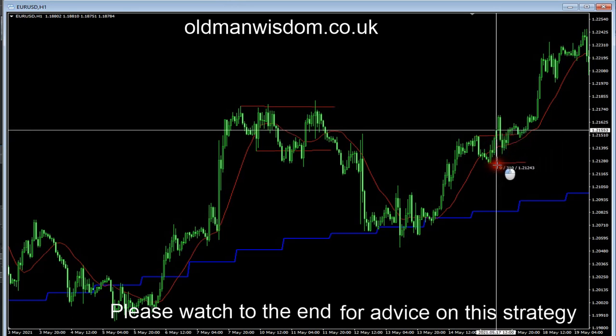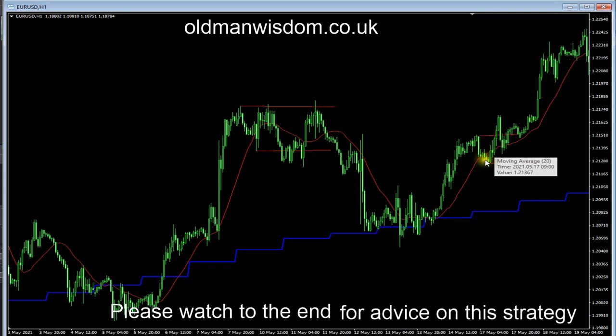Here would be your low of 30 pips. At a 2-to-1 ratio, you'd be looking for a 60 pip profit, which is up here, and that's perfect. That is a perfect trade opportunity, because it's based on price simply being above the 20 period moving average on the daily chart. This indicator plots it on the 1 hour chart, so I don't have to flick across.